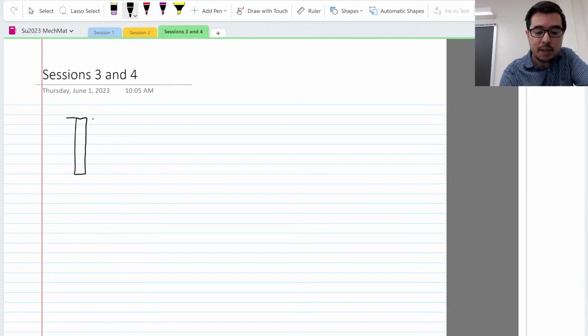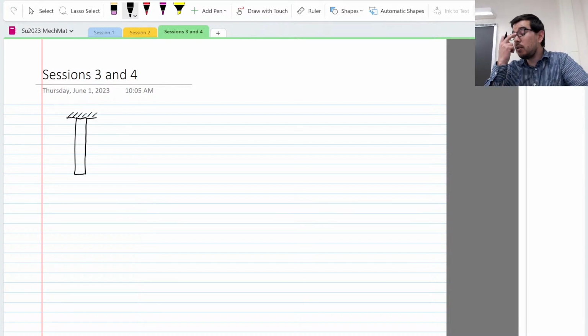And that's to make our lives a little bit easier. It can make our lives a lot easier when dealing with systems that have multiple bars in them and multiple spring constants, and then we can simplify and think about these networks of springs in terms of springs in series and springs in parallel.